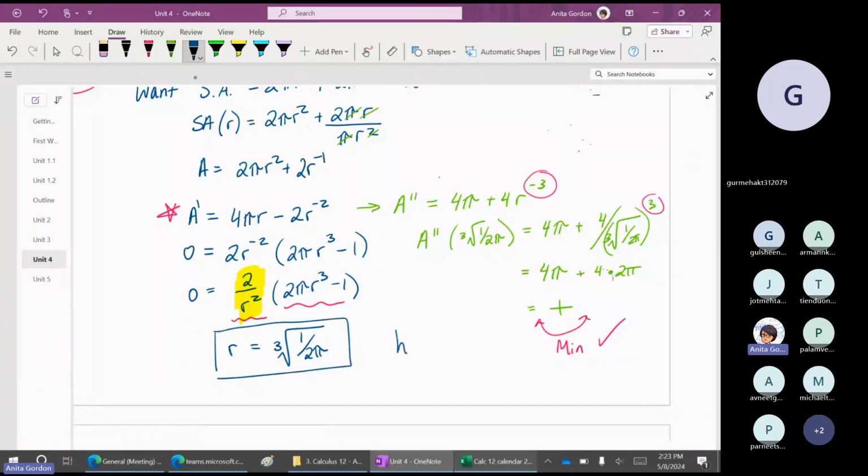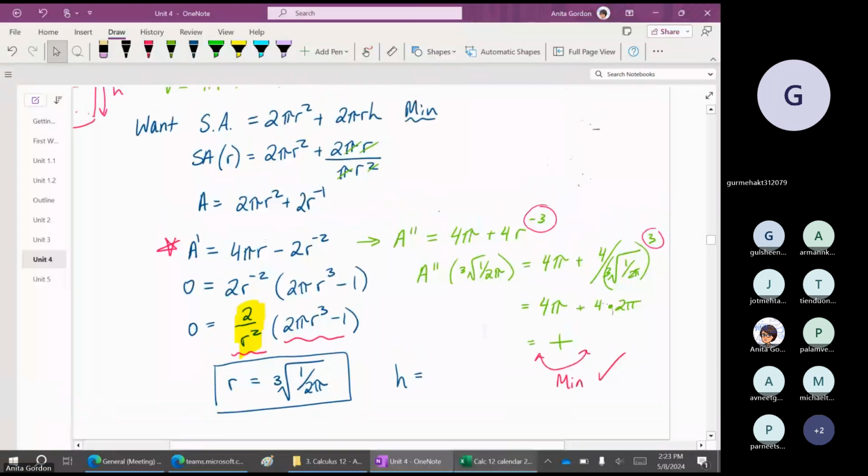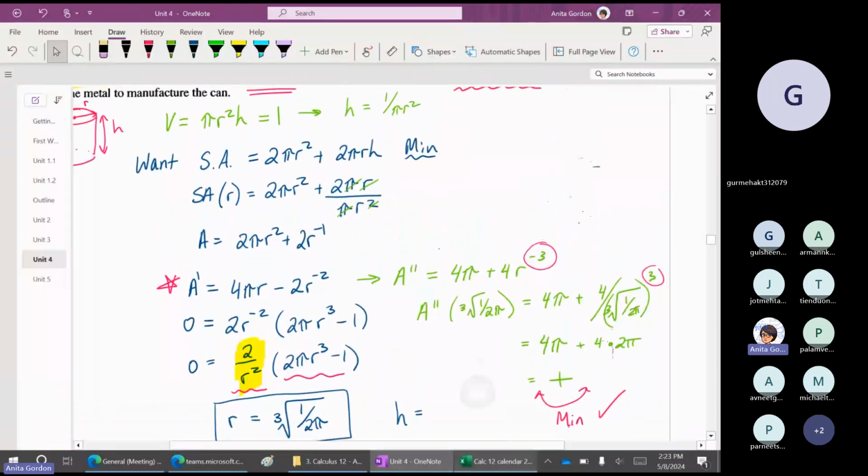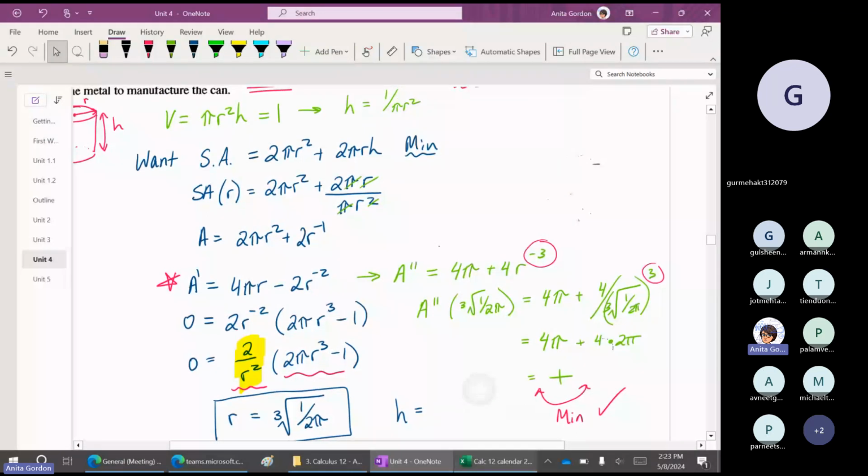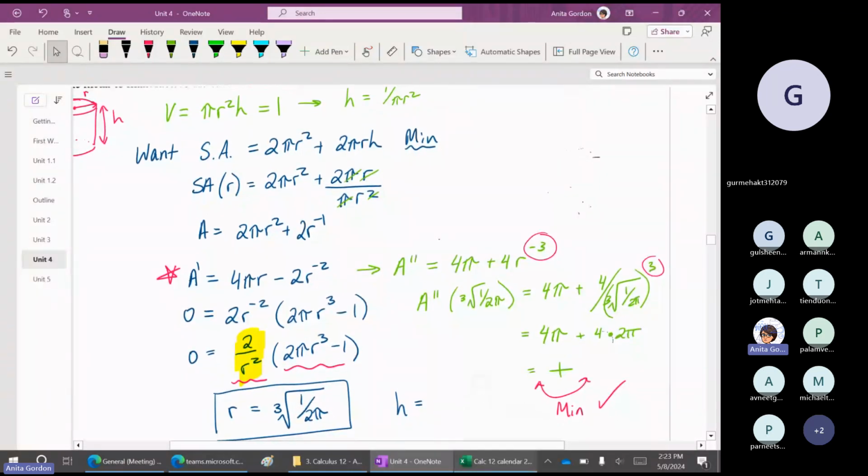What is H? Go up. Oh. It's ugly, isn't it? Yeah. 1 over pi times the cube root of 2 pi squared.